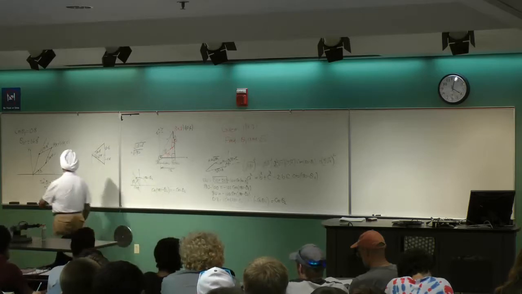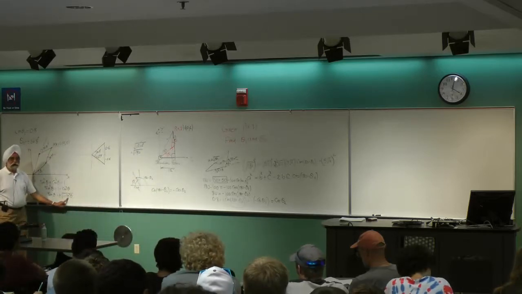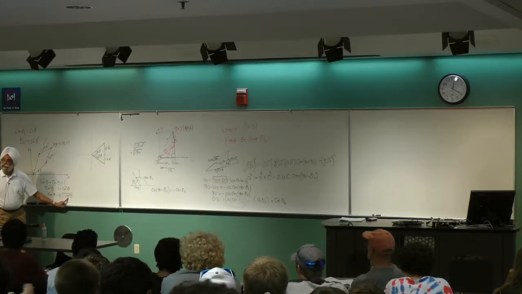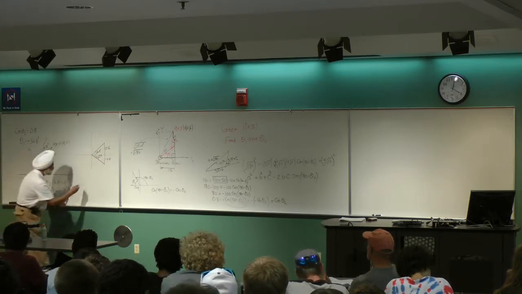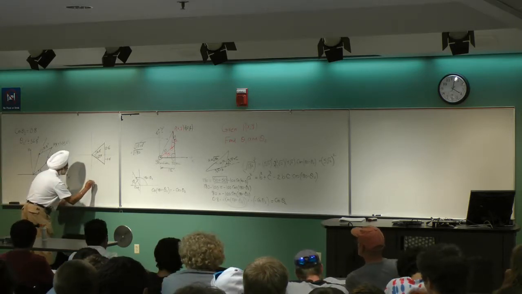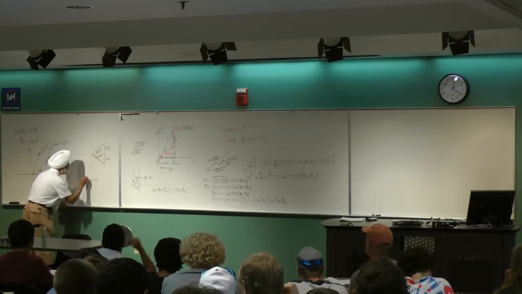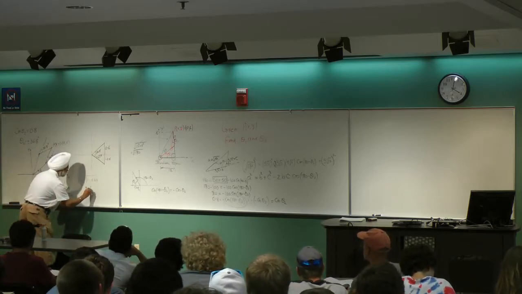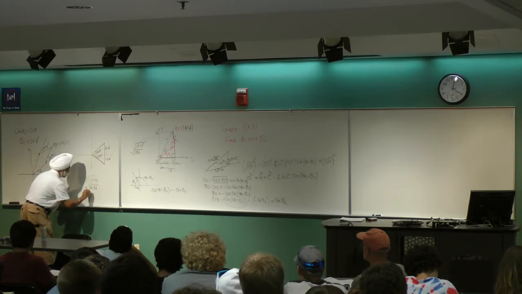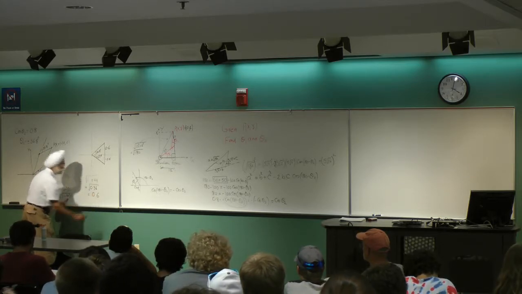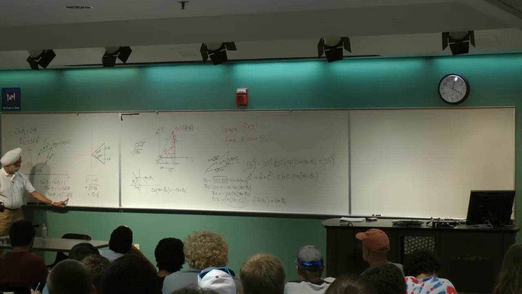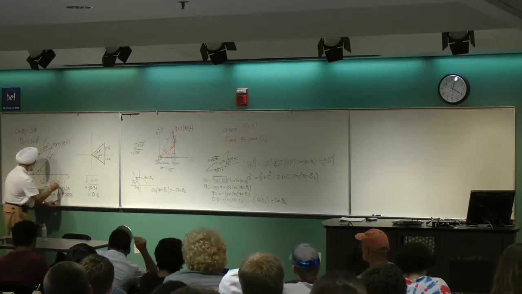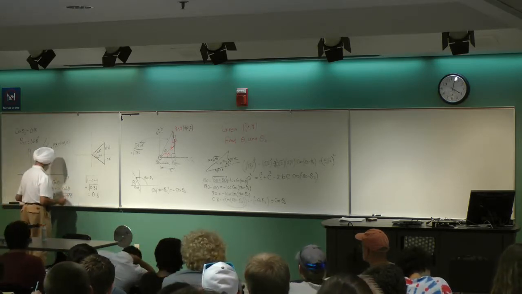If I use this here, that's how I got 0.6. We know this is 0.8, so 0.8 squared is 0.64. Then 1 minus 0.64 is 0.36, and the square root is 0.6. So this is plus and minus.